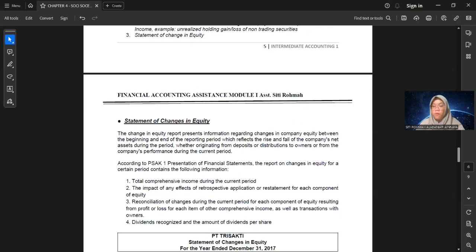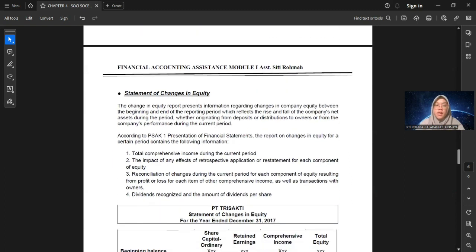Okay, the statement of comprehensive income is done. Now we move to the statement of change in equity. I will explain regarding the statement of change in equity.